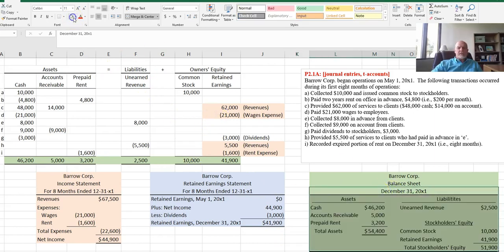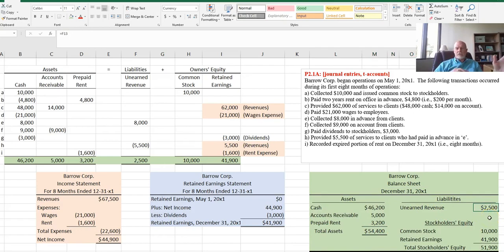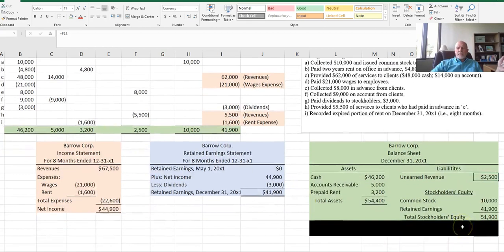So here that is. So our assets add up to $54,400. We only have one liability. That's the remaining portion of that unearned revenue, representing what they have paid us in advance. And then the two components of owner's equity are the common stock and the retained earnings. And so the total stockholders' equity is $51,900.